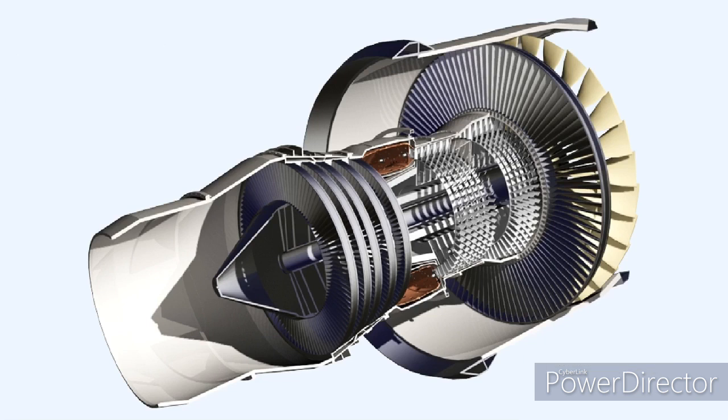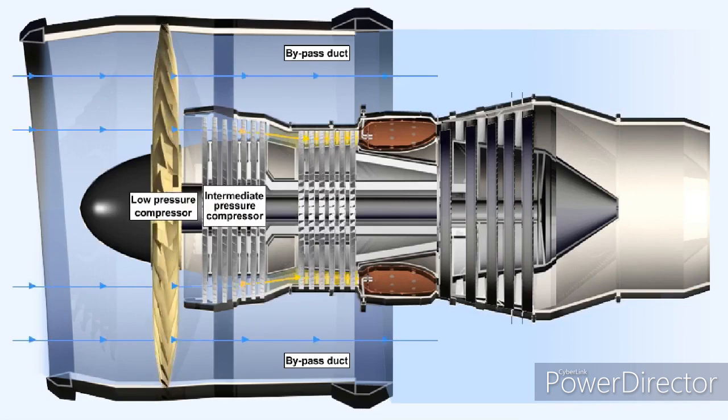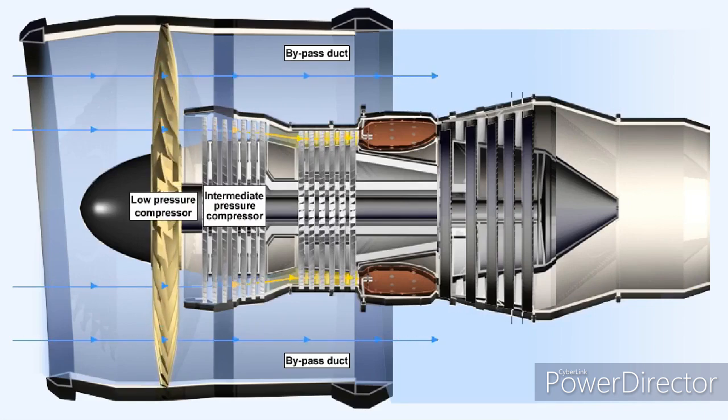This model of a triple-spool front fan turbojet engine shown here represents probably the most successful early example of this type of engine, the Rolls-Royce RB211. The air enters the intake and passes immediately into the low-pressure compressor, more commonly called the fan.